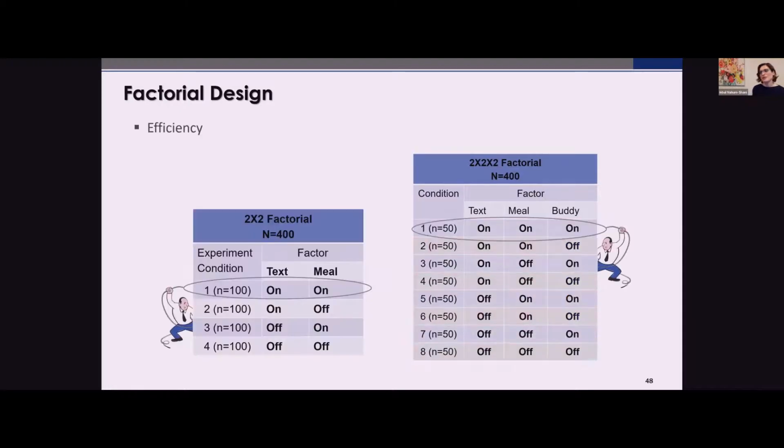So what was going on here? Look at this 2x2, right?